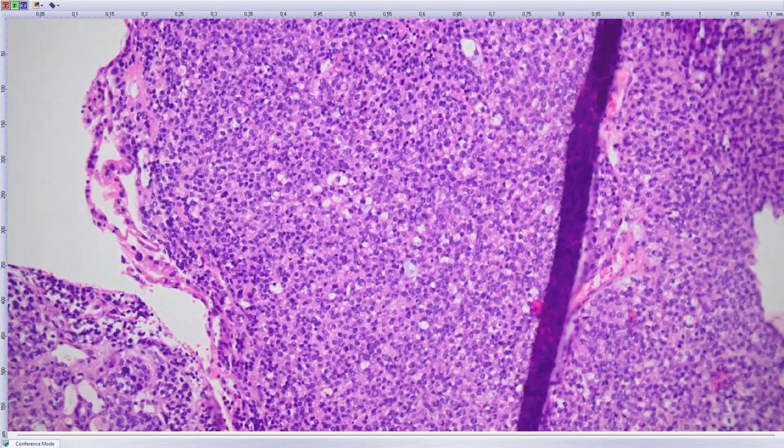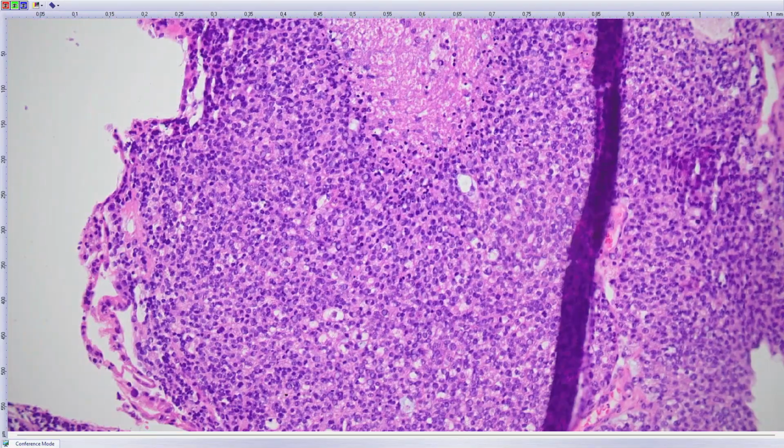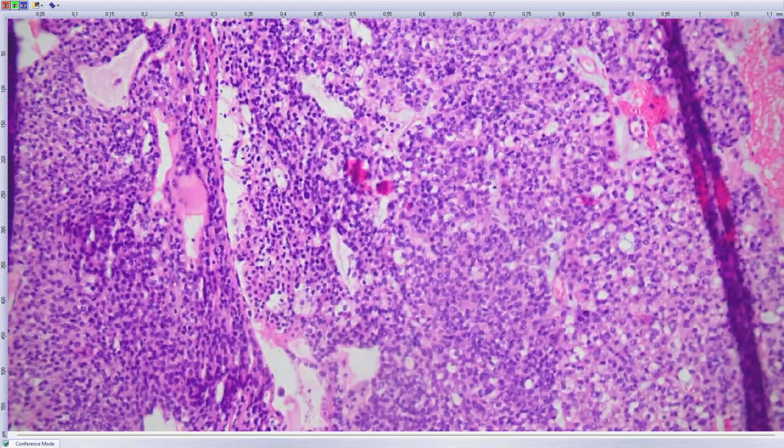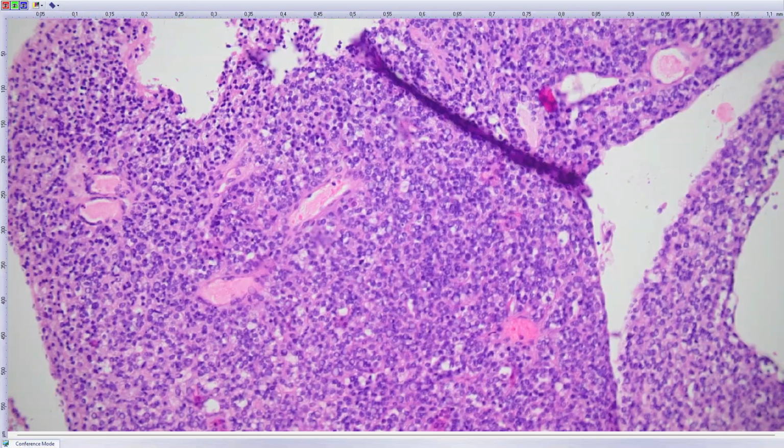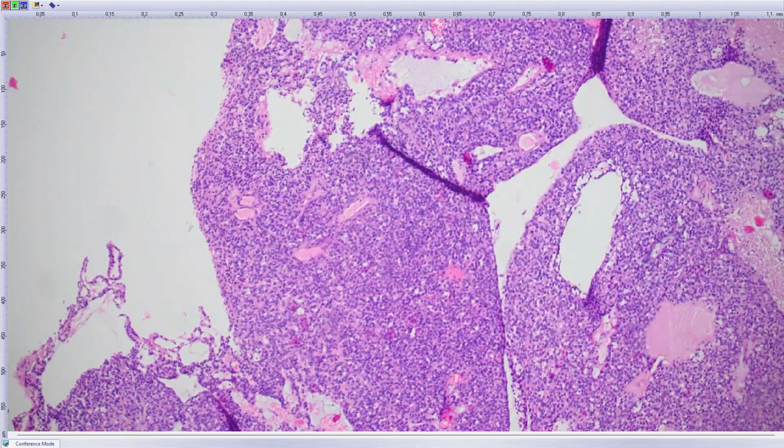pretty monotonous, round cell proliferation with high mitotic activity and of course high-grade morphological features.